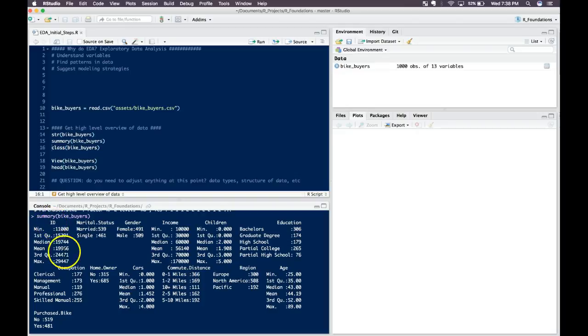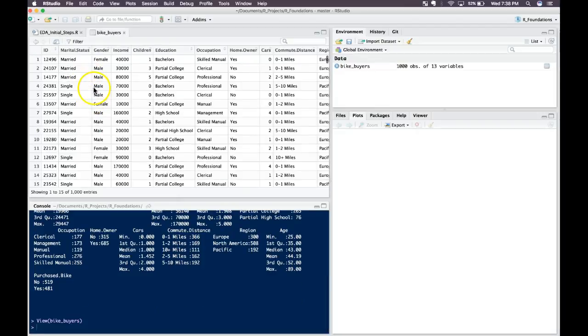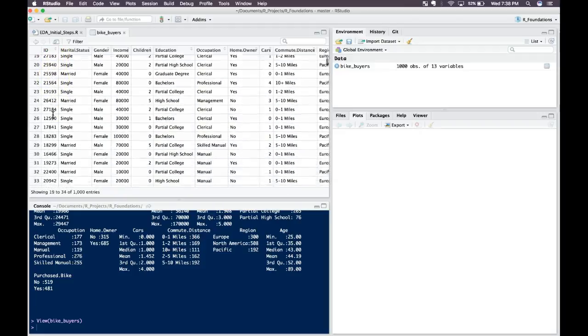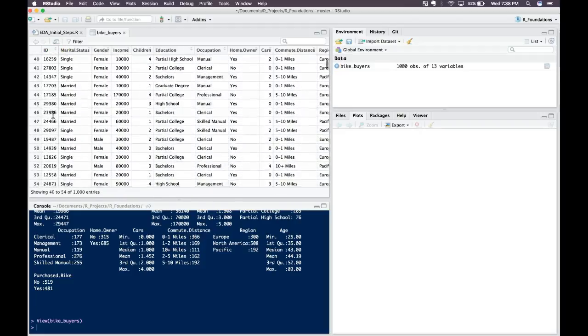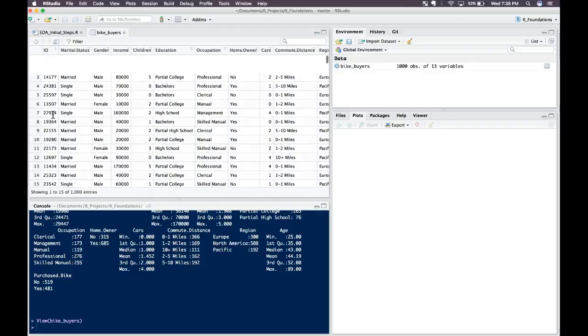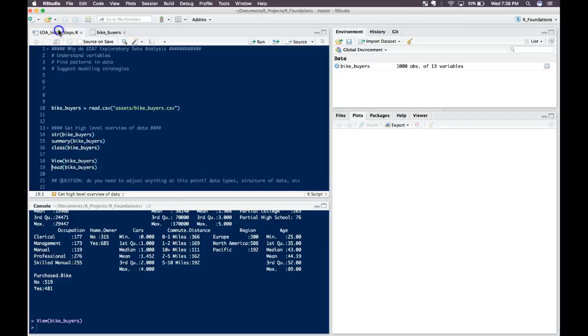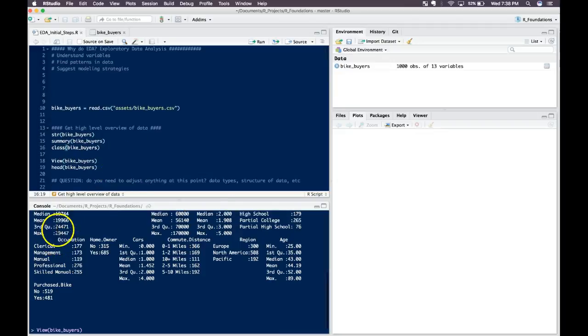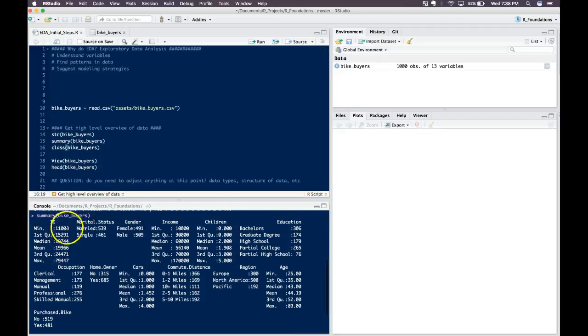That would be a good column to keep. But in this data set, let's just view it real quick. It doesn't look like these IDs have any meaning in the data right now. And so that's just going to clutter up our analysis, not by much, but it might do a little bit. So we'll want to drop that.